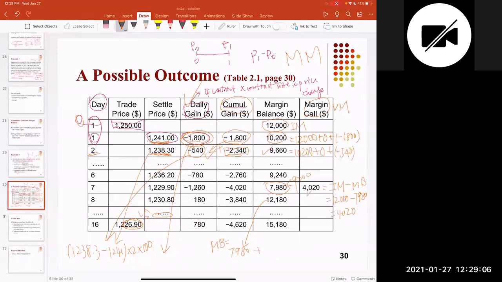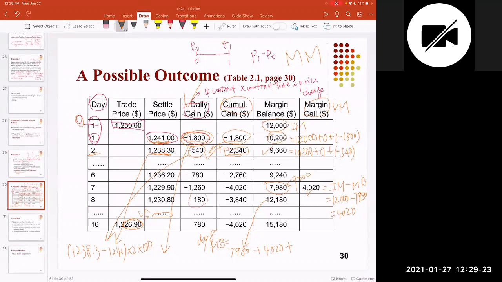We have a variation margin in day 7, right? So this is day 8: plus 4,020 and plus day 8 gain.